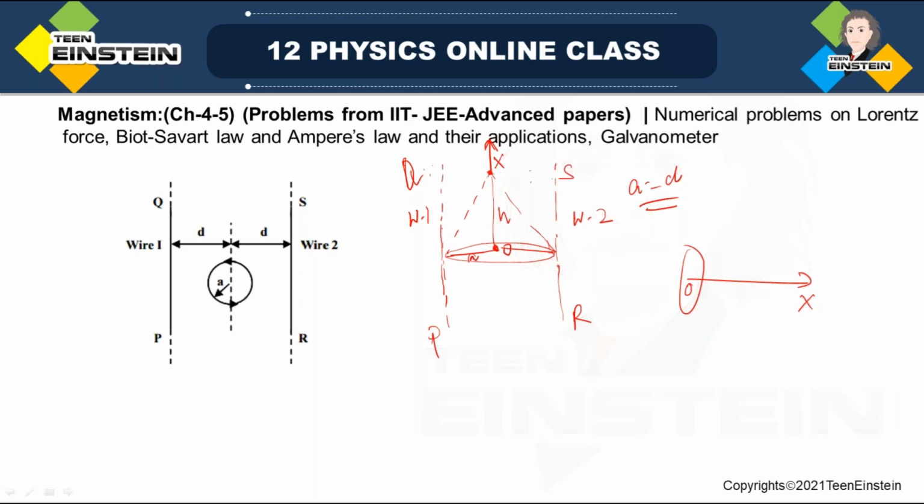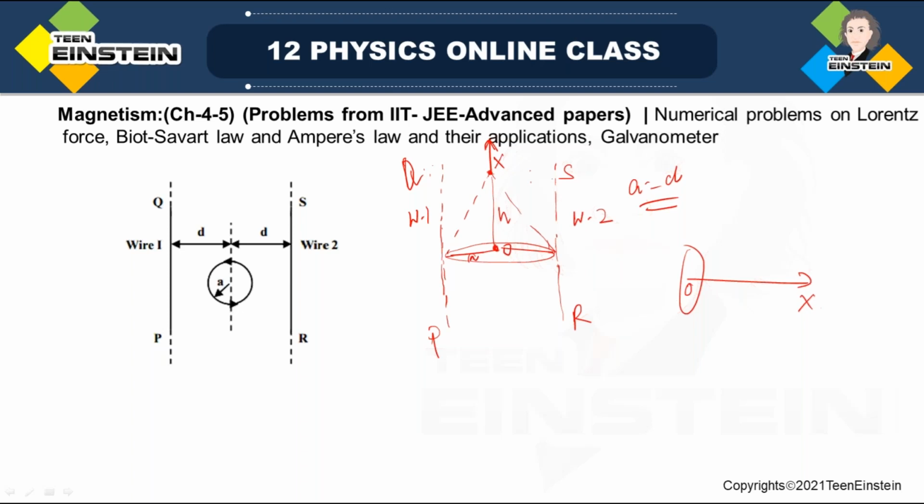These are two wires, and both carry the same current, so the magnitudes of the magnetic fields produced by both are the same. If these angles are theta, then B1 is along this way, B2 is along this.